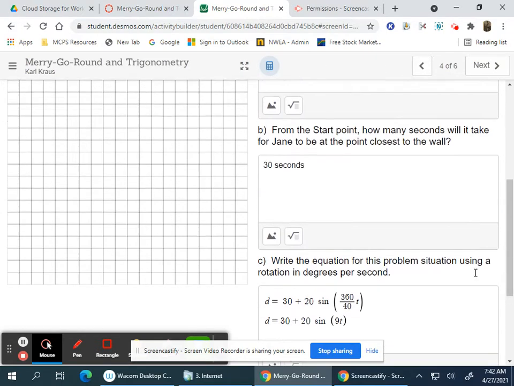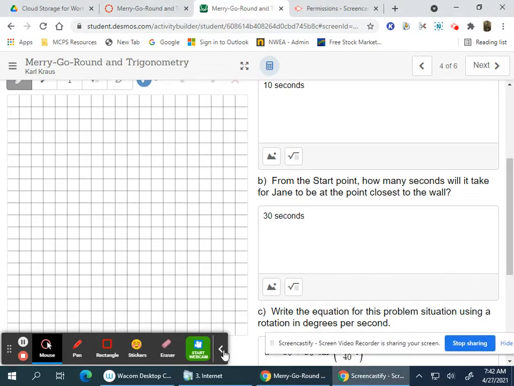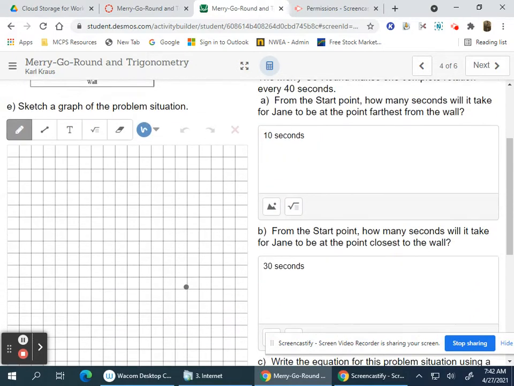And then if I were to draw a graph of this, let's use the line segment tool here. I'll draw a y-axis and an x-axis. Try to do that a little bit better.